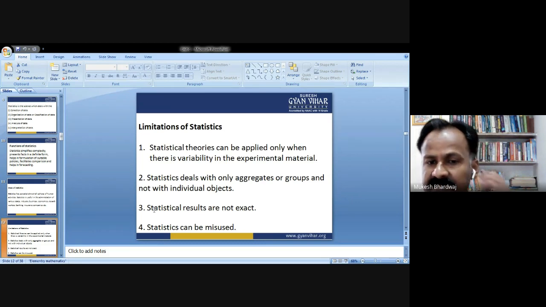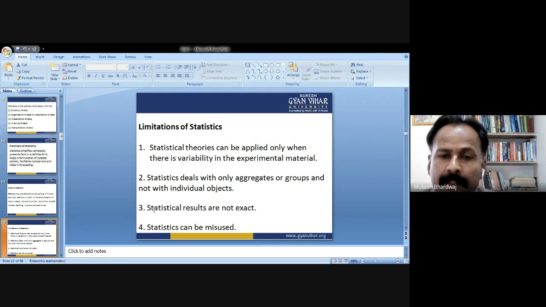Third is statistical results are not exact. That means after doing everything, when you interpret or analyze, and in the last, when you make some conclusion, the conclusion does not mean that it is perfect or exact.